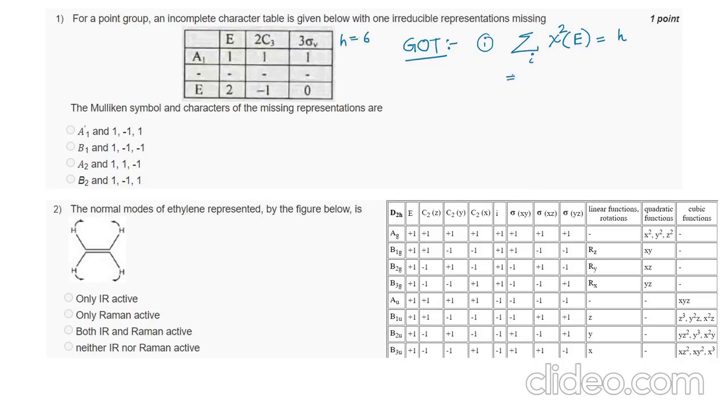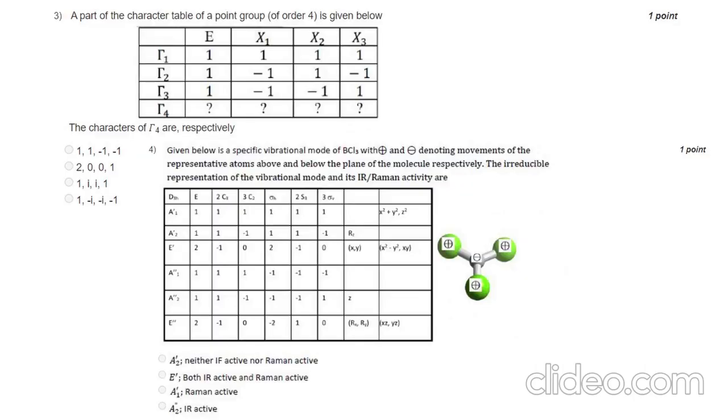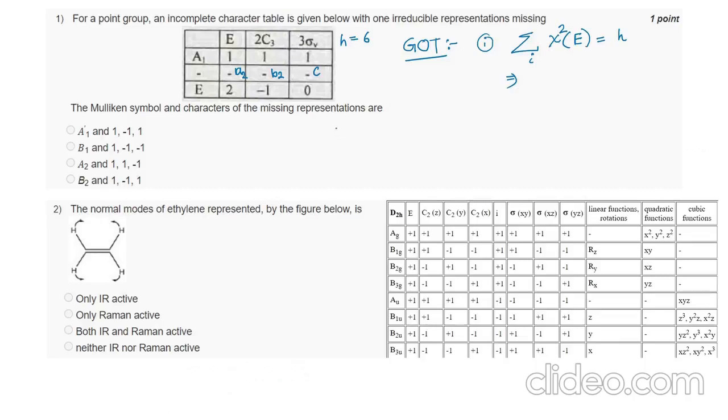So suppose I am writing this as my A2, B2, C2. Now what I got: 1 squared plus A2 squared plus 2 squared is 6.